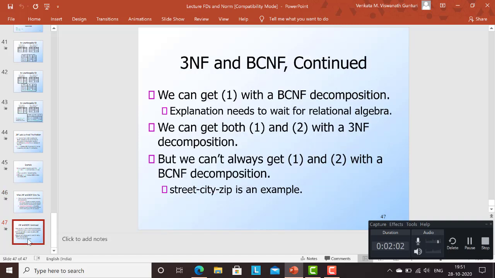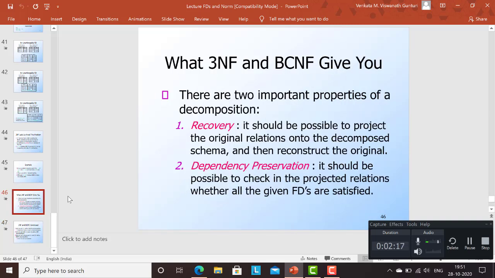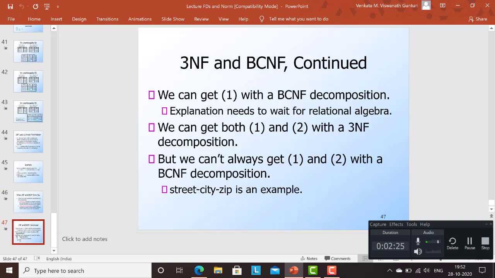But in 3NF you cannot have zero redundancy. The pro side is that you have lossless decomposition and functional dependency preservation. So that is the pros and cons of BCNF and 3NF. Okay.